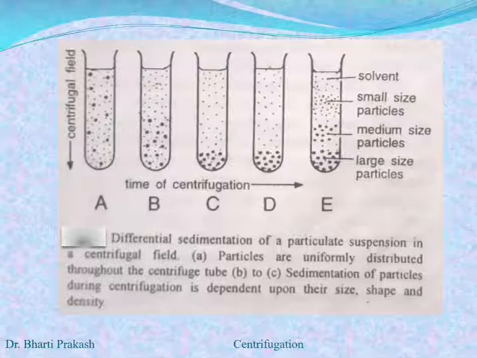And finally, in the tube E, we can see that the large size particles sediment at the bottom. On top of them are the medium size particles, then the small size particles, and then this is the solvent.